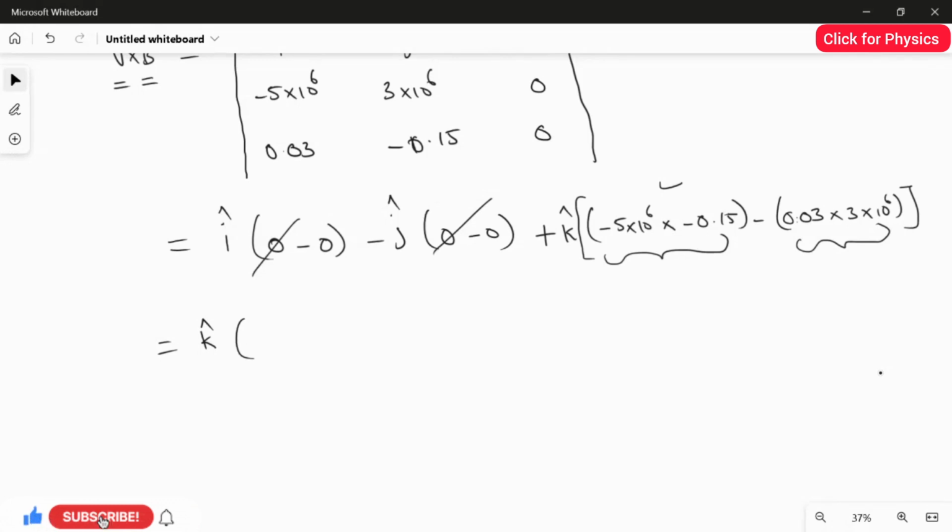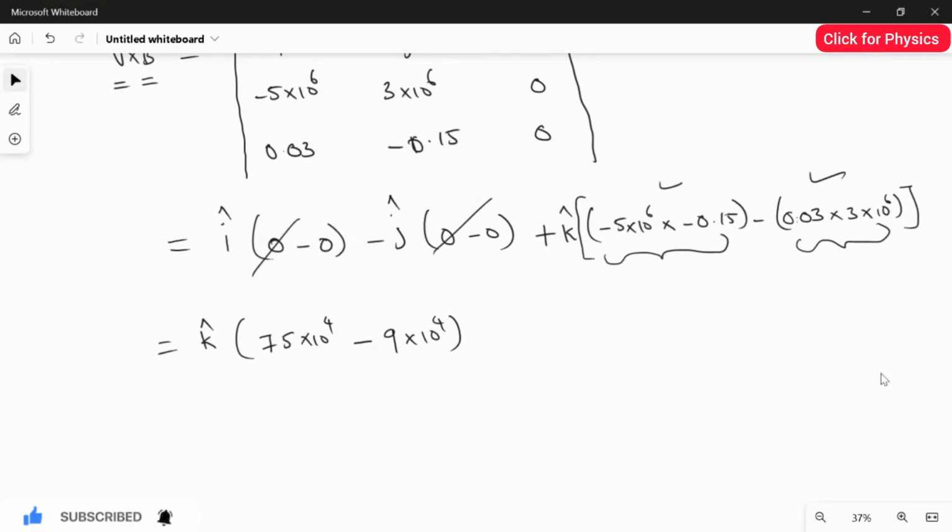Minus 5 10 power 6 multiply with minus 0.15. So I got the answer here as 75 multiply 10 power 4 minus, so now I'm going to multiply these two, 0.03 multiply 3 10 to the power of 6. I got 9 multiply 10 power 4.